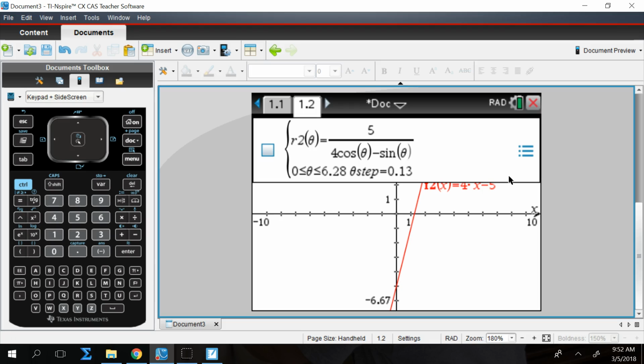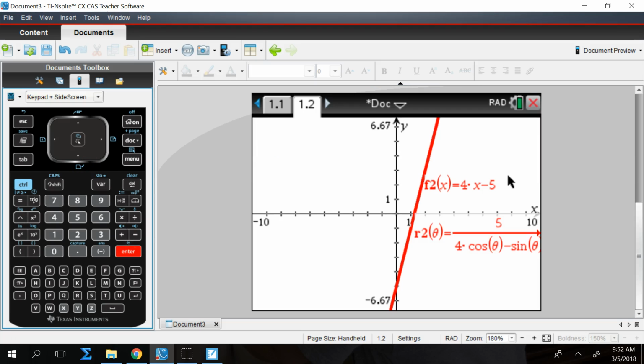So when I hit enter, it should replace this red line, correct? Shabam. Replaced it. With exactly the same thing. Huh?